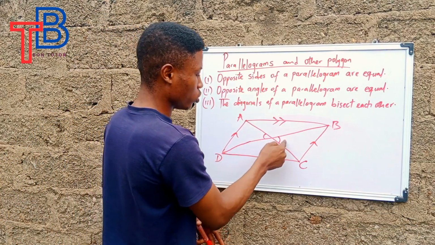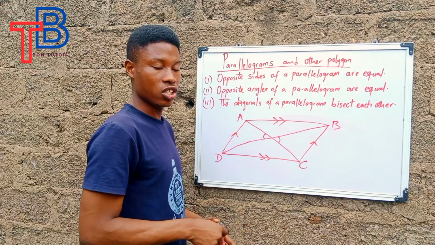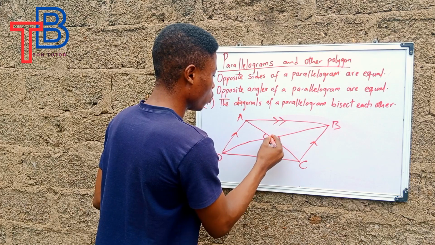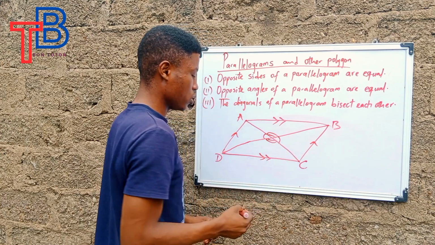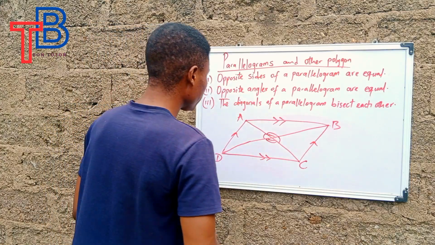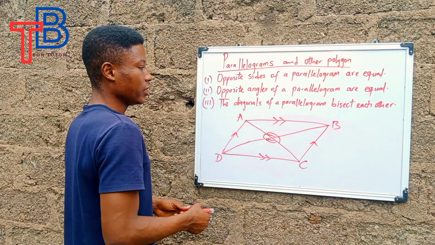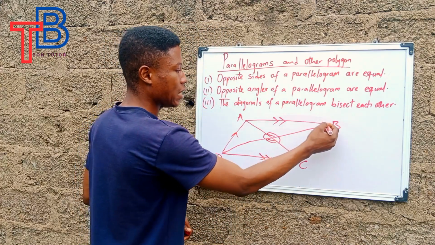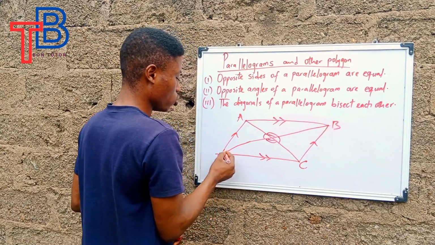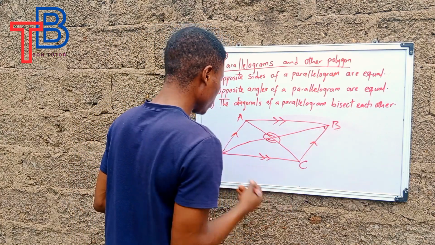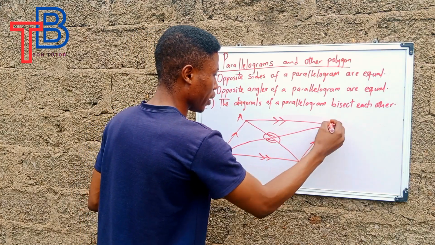The angle here is equal to the angle here, vertically opposite each other, and also the angle here will be equal to the angle here, vertically opposite each other. That's what the theorem says. Therefore, you can proceed. Since the total angle here is equal to the total angle here, any line that bisects the angle here and also joins this angle here makes whatever angle here equal to the angle here.